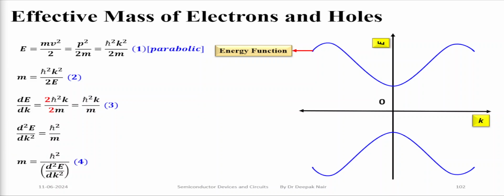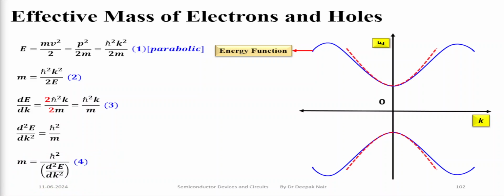Now, if we move the m to the left side and bring d square E upon dk square to the right, then we end up with this equation where m, the mass of the electron or the charge carriers or particles, is equal to h bar square divided by d square E upon dk square. So this is our final equation, and here we can see a very interesting behavior.